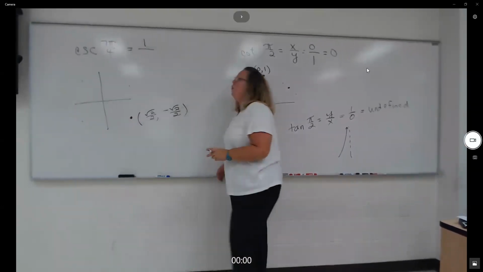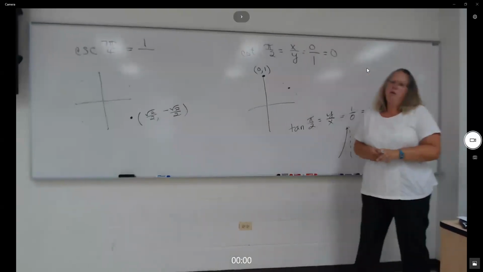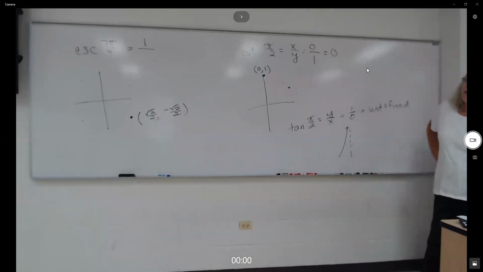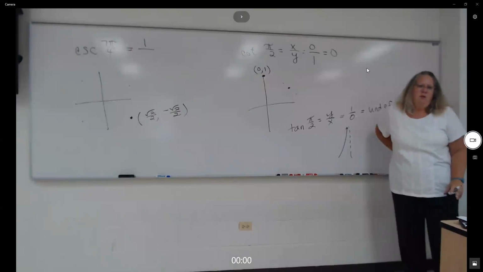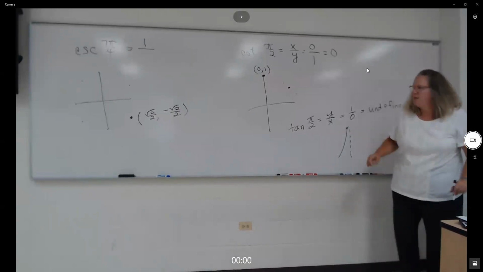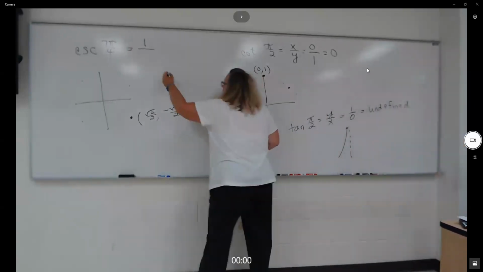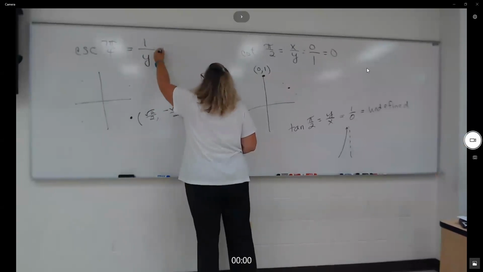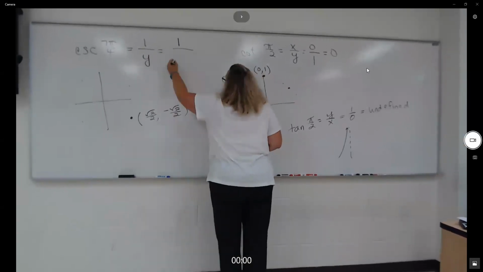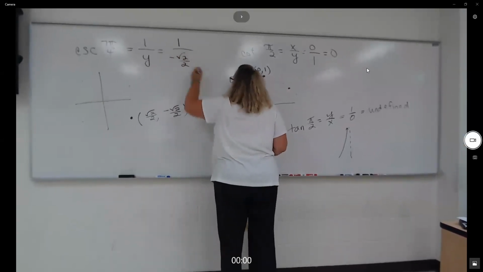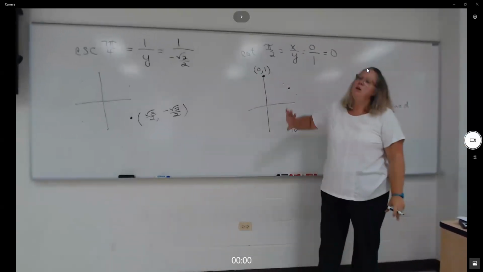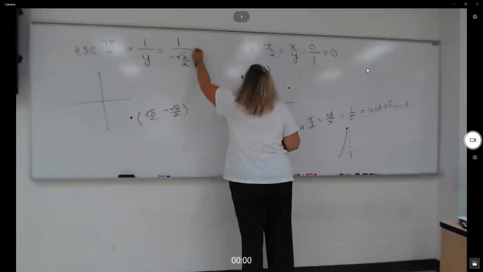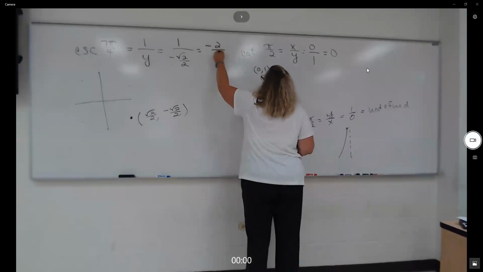Cosecant is 1 over, which one? Y. So cosecant is 1 over y. So 1 over negative square root of 2 over 2. So we flip that. So negative 2 over the square root of 2.